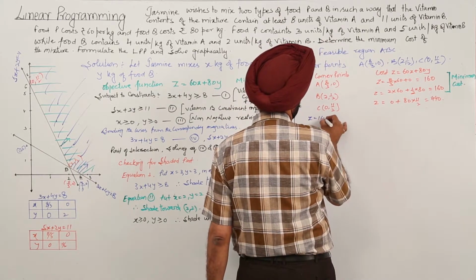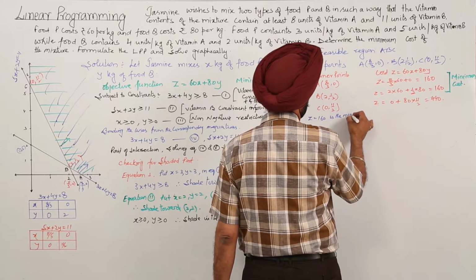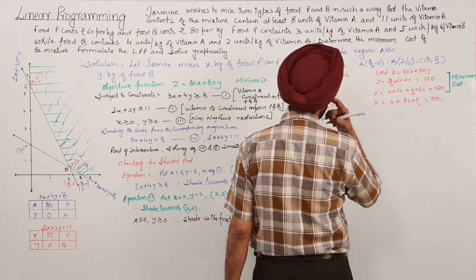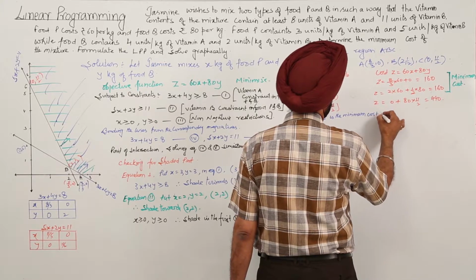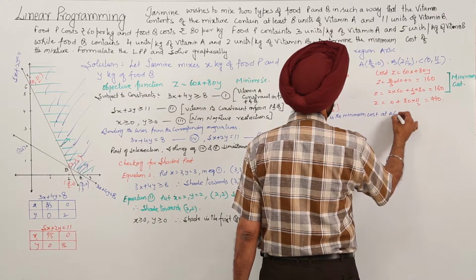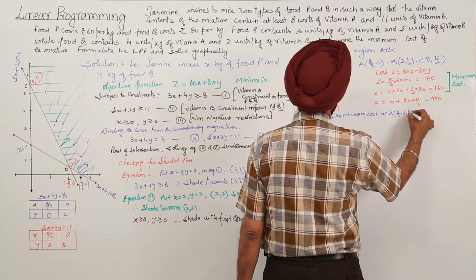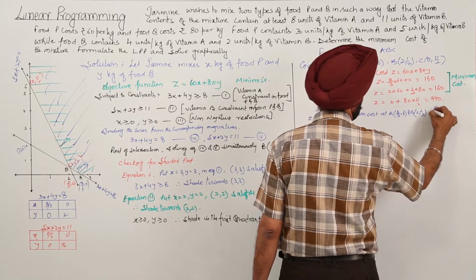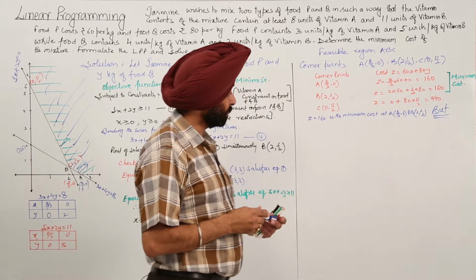Z is equal to 160 is the minimum cost at A, 8 by 3 comma 0, and B, 2 comma 1 by 2, but what does this but mean?